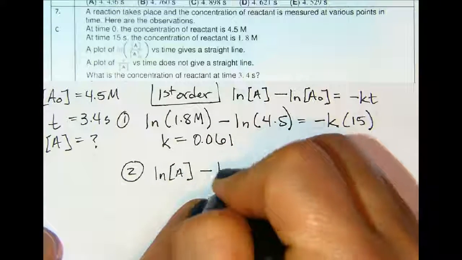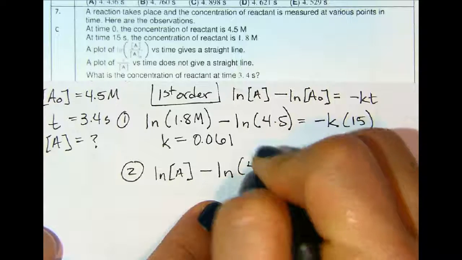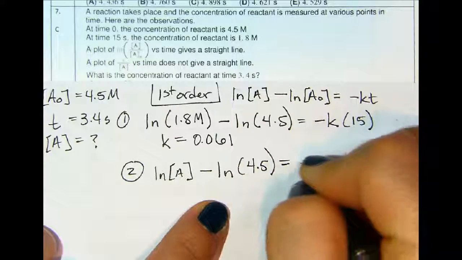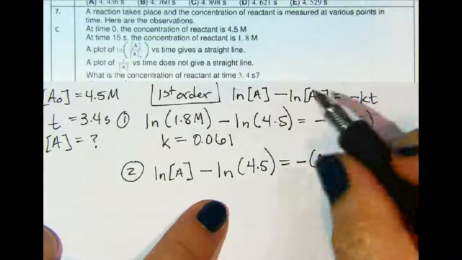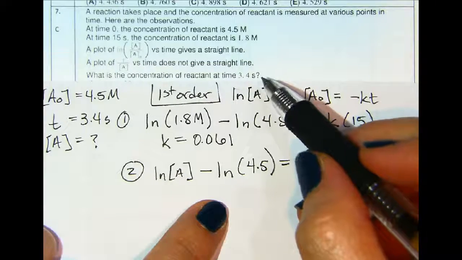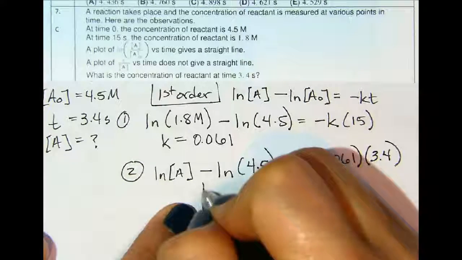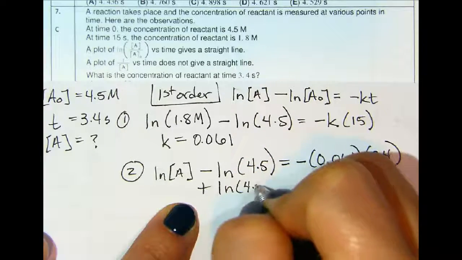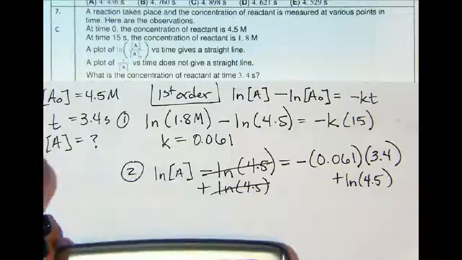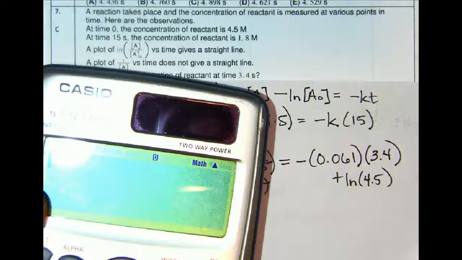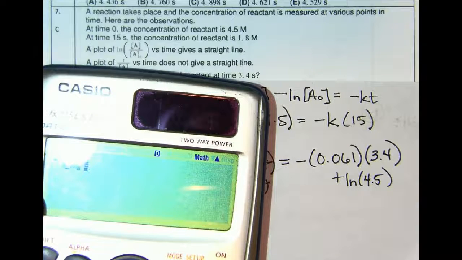I'm going to use the natural log of A equals negative 0.061 times the time we're solving for, which is 3.4 seconds, plus the natural log of the initial concentration, 4.5 again. I'm going to add natural log of 4.5 to both sides of the equation and do this math so far. So I have negative 0.061 times 3.4 plus the natural log of 4.5, close that parenthesis.